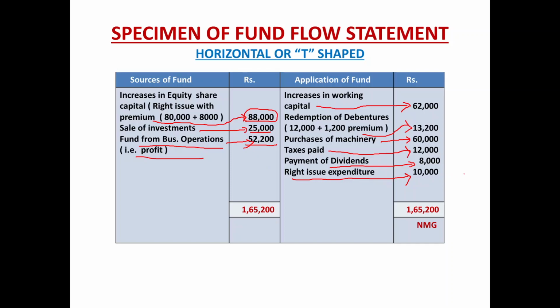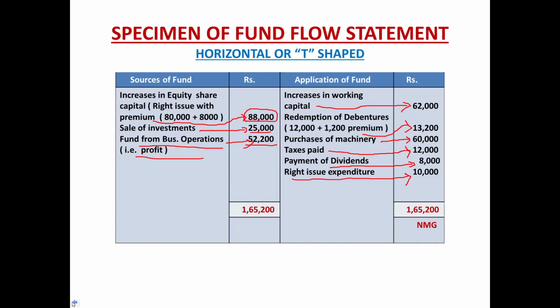Now close this fund flow statement. Total must get tallied, and the total of this fund flow statement would be 1,65,200. So the total does get tallied on both sides.